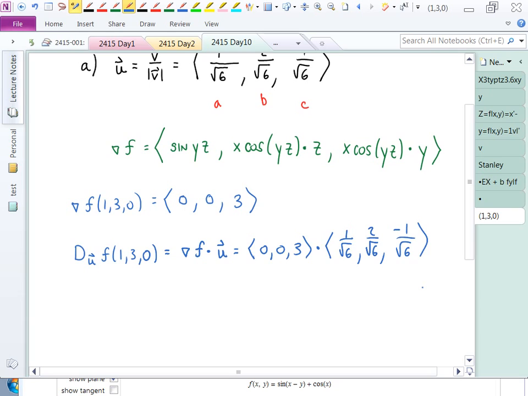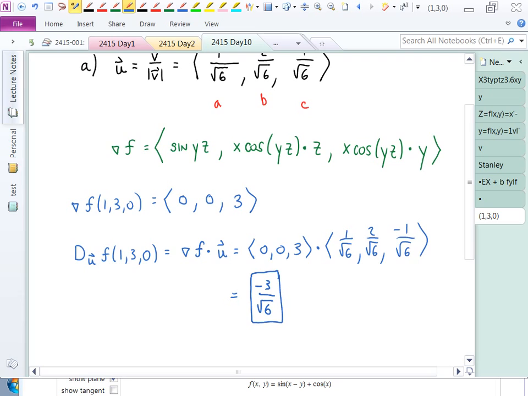So negative 3 over root 6. What's that? So at this particular point, I'm sitting there and I point in a certain direction, the change in temperature would be this much, negative 3 over root 6.